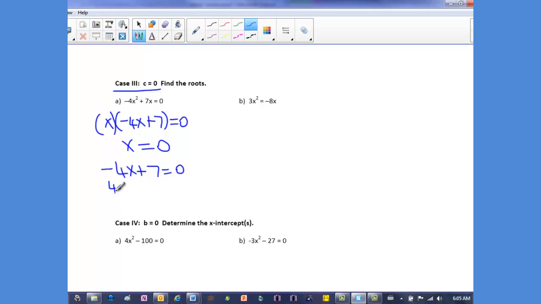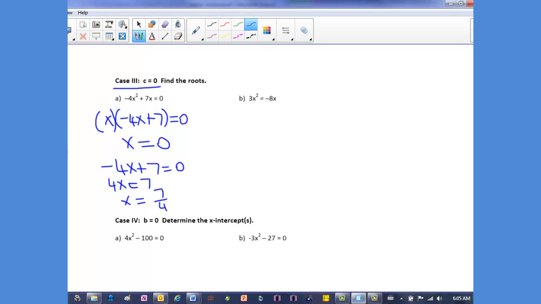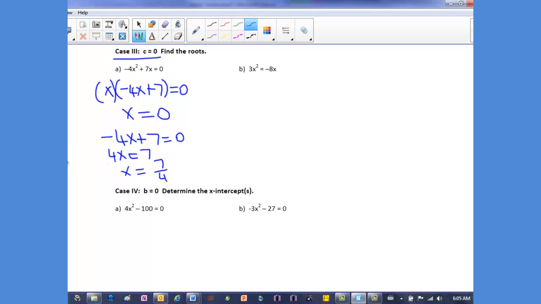So 4x equals 7, or x equals 7 over 4. I will let you take care of case 3b on your own. Remember to factor x out of both terms.